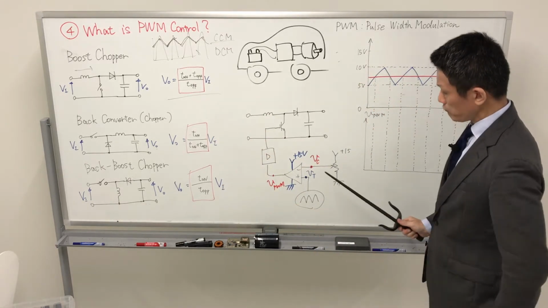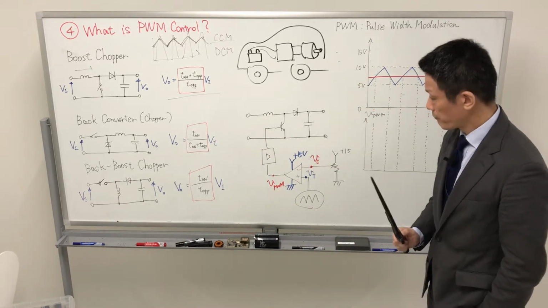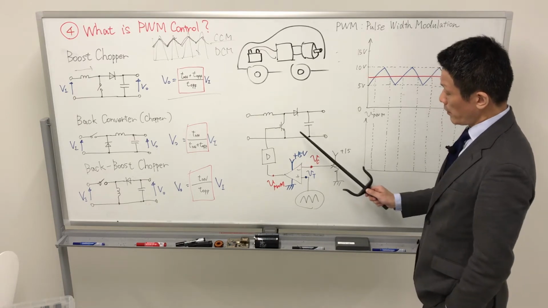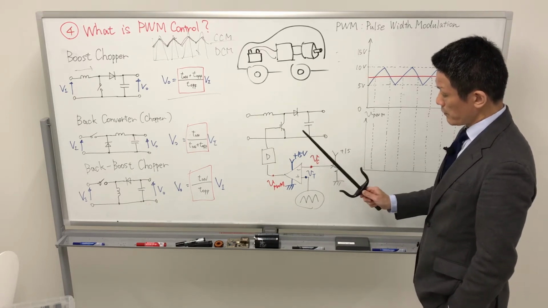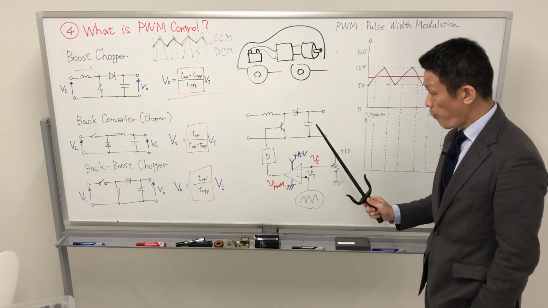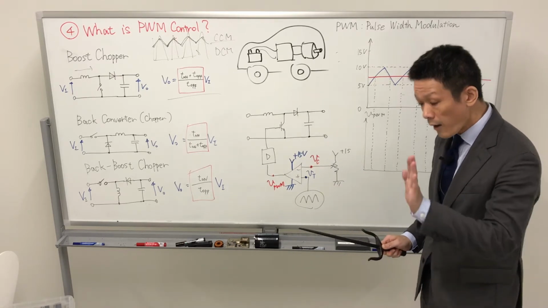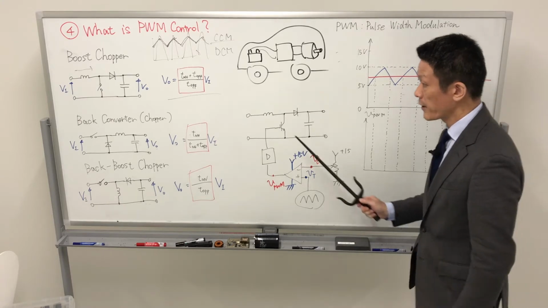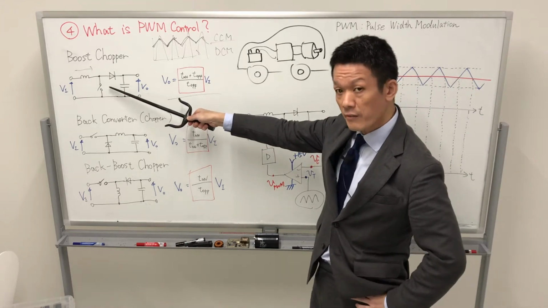And in this chopper circuit, this switch operates only by turning on and off, like an active switch.